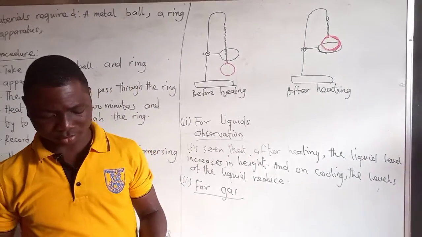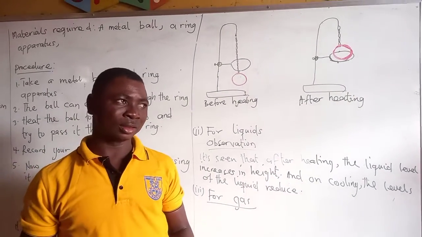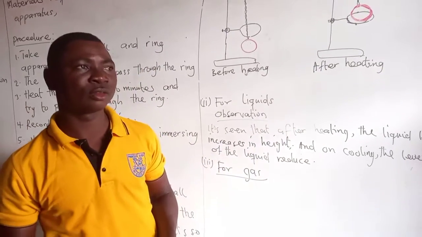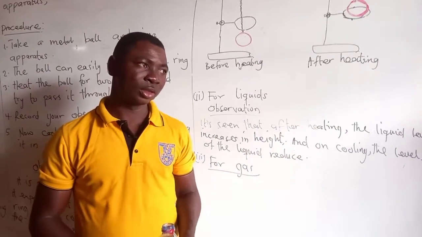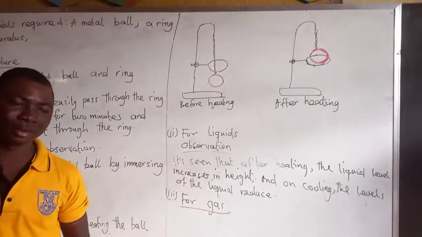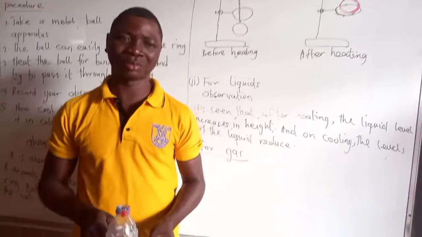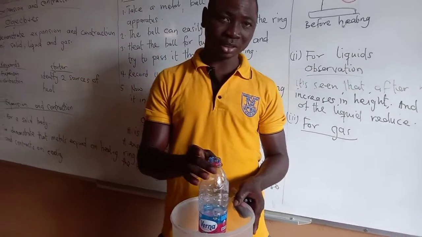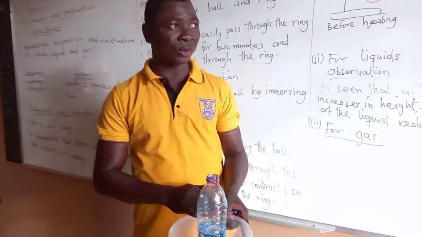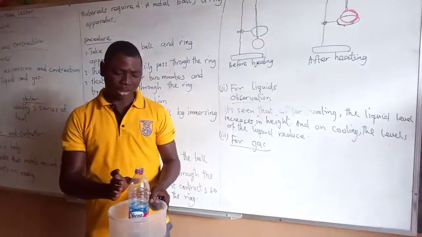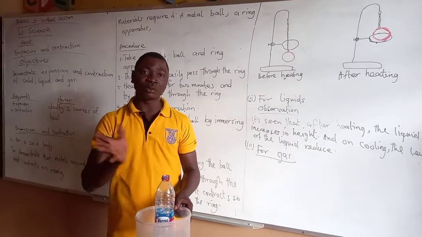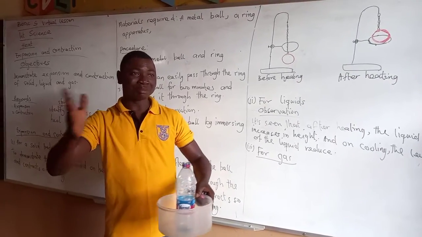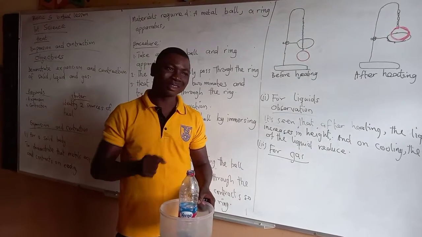After that, heat water and pour it on this bottle and leave it for about 2 to 5 minutes. You observe something. Write it down yourself. Now, in my observation, when you pour the hot water on this, you observe that the balloon that is deflated will now inflate. It will become big, like you have blown air into it.